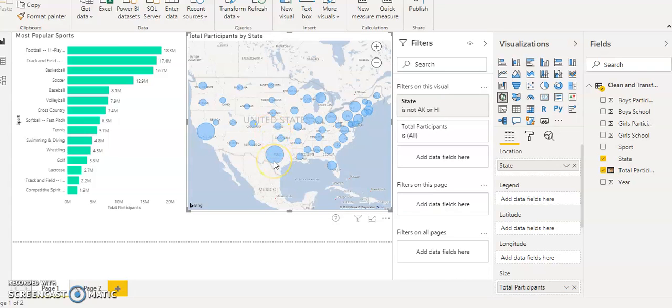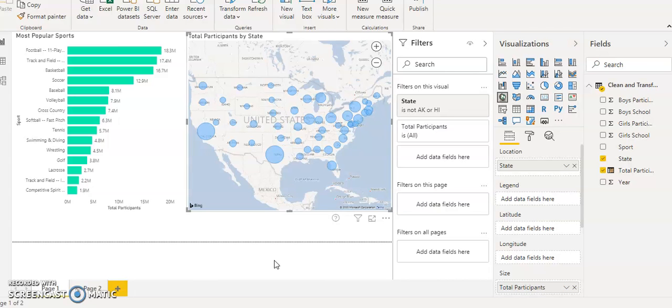Here we can see, using the tooltip and the bubbles, that the highest bubbles are for Texas and California, because they have the maximum number of participations from 2003 to 2019. So this Power BI dashboard clearly represents the total number of participations on the basis of sports and on the basis of state.